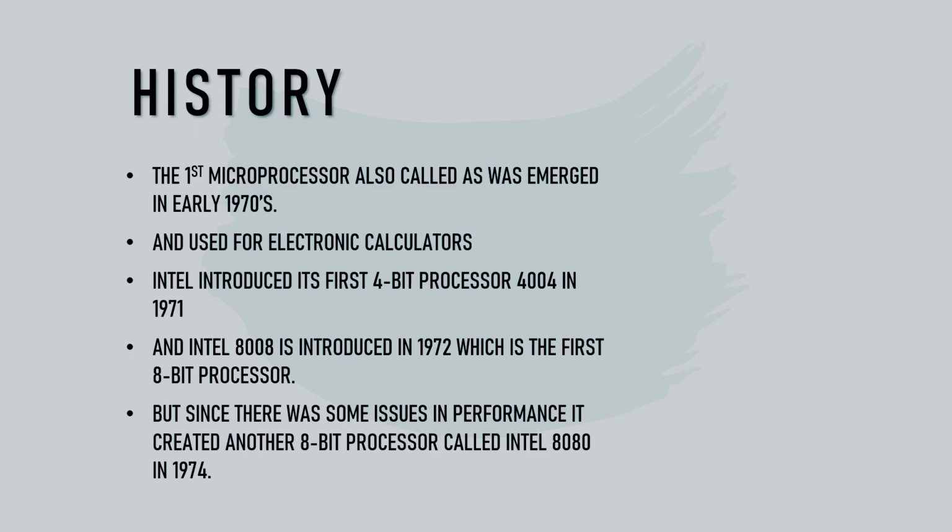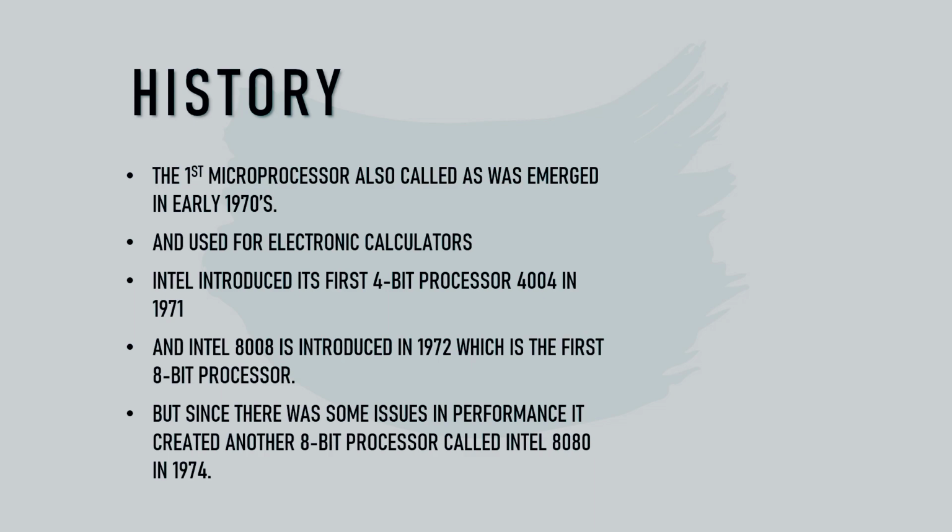Intel introduced its first 4-bit processor, the 4004, which is the model number of the processor, in 1971, and the Intel 8008 was introduced in 1972, which is the first 8-bit processor. But since there were some performance issues, it created another 8-bit processor and called it the 8080, and that particular processor was created in 1974.